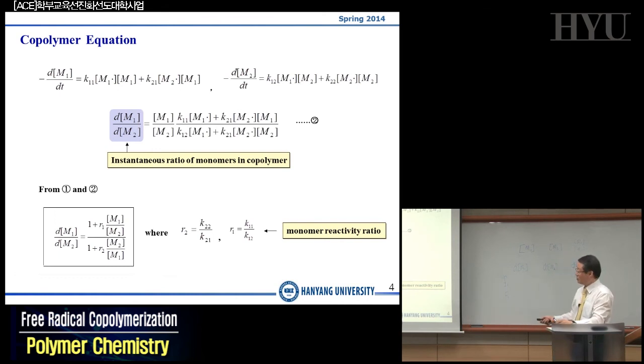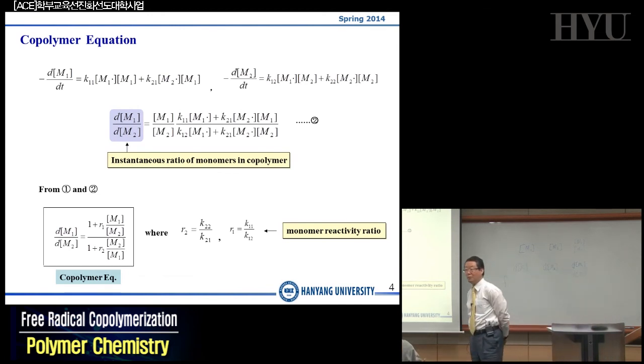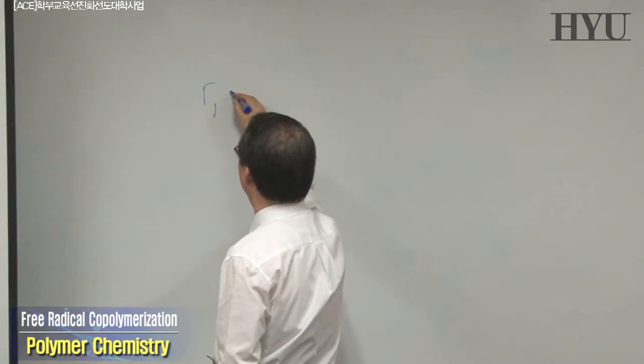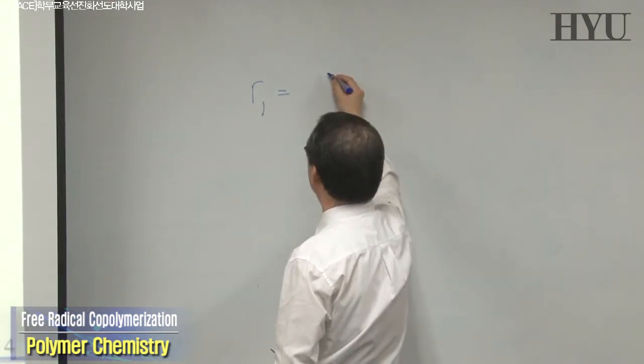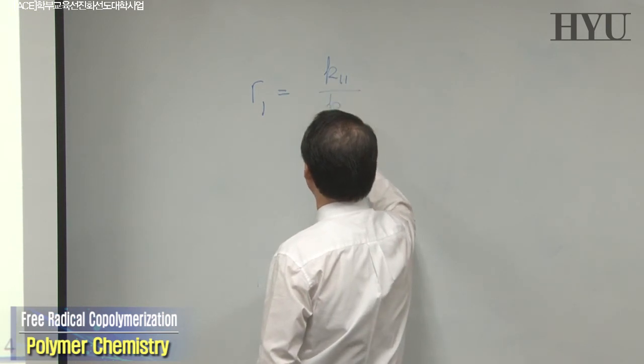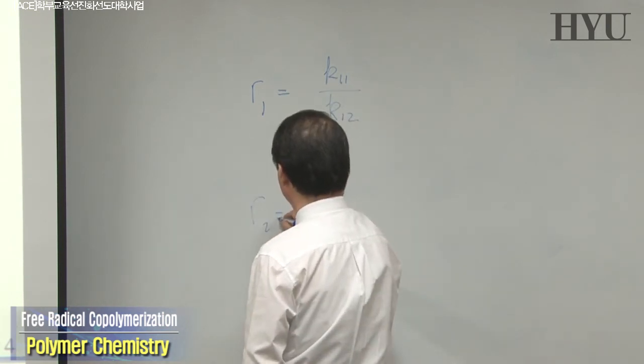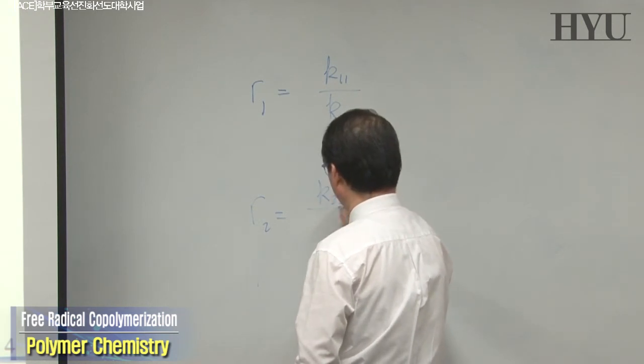So this is a very important equation, and we call this the copolymer equation. The copolymer equation can be expressed in terms of the monomer concentrations of each component, M1, M2, and R1 and R2, the monomer reactivity ratios. Now, the monomer reactivity ratio is defined as R1 equal to K11 over K12, and R2 is equal to K22 over K21.